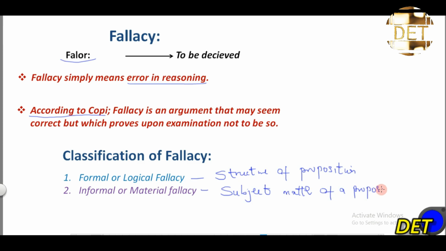And like I said before, a proposition is a statement that can be true or false. Any statement that can be true or false is a proposition. For example, he is a boy. It can be true or false. That is a proposition, right?